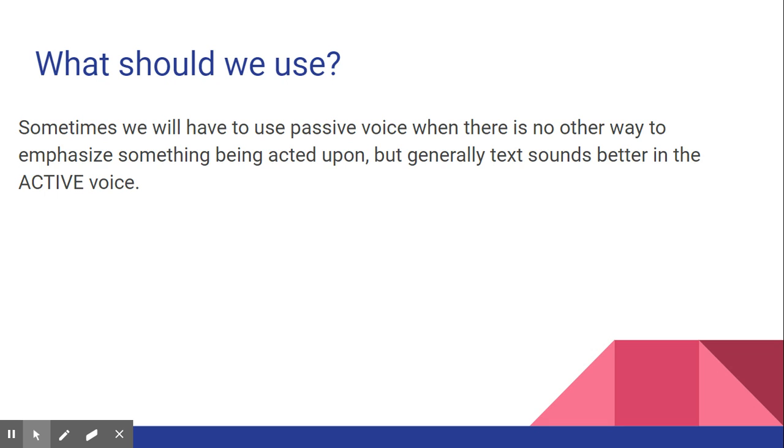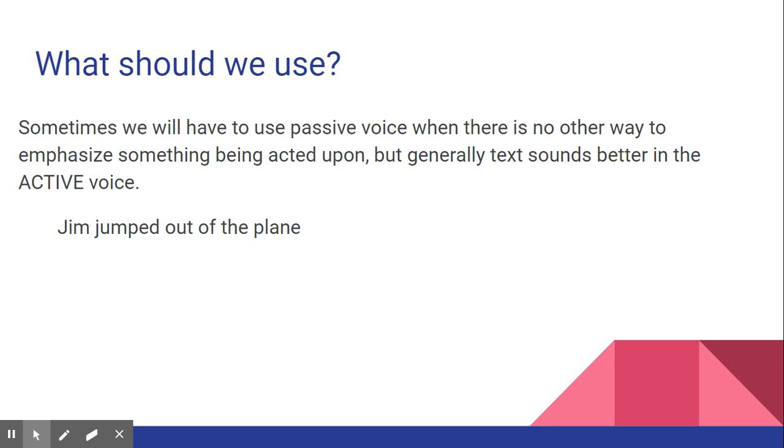And here's why. Jim jumped out of the plane. This sentence is written in active voice. It's a lot easier to understand. Plus, it places emphasis on the actor. Who's doing the jumping? Jim is. That's why he's placed at the beginning of the sentence.